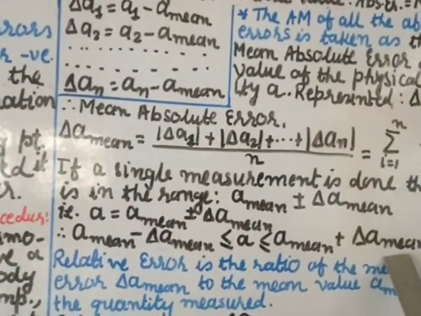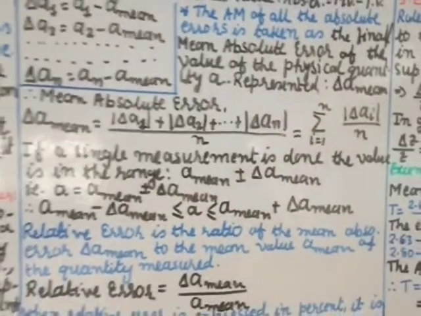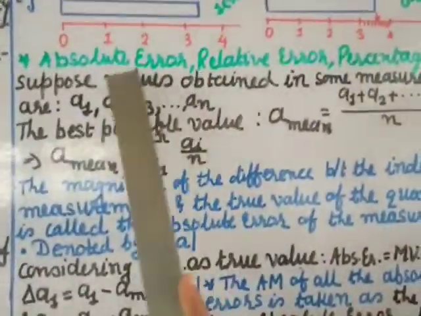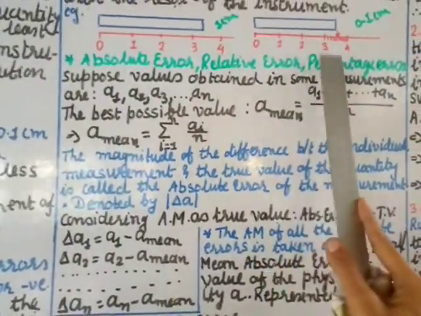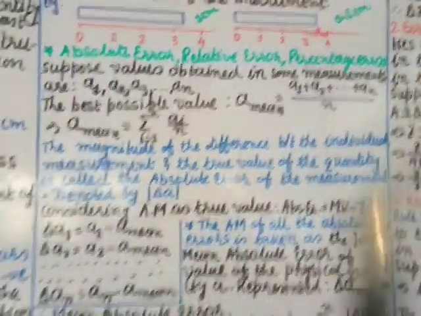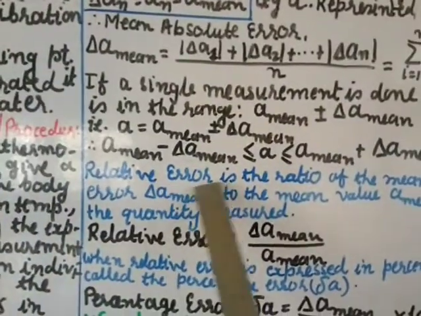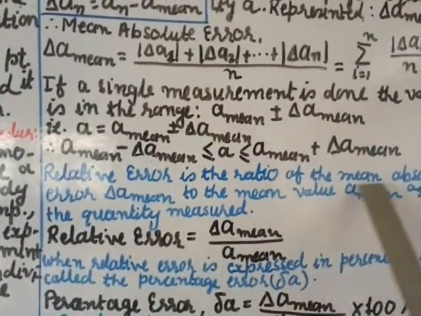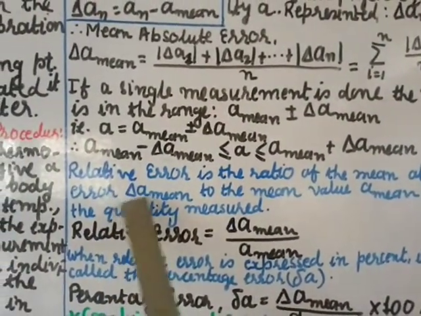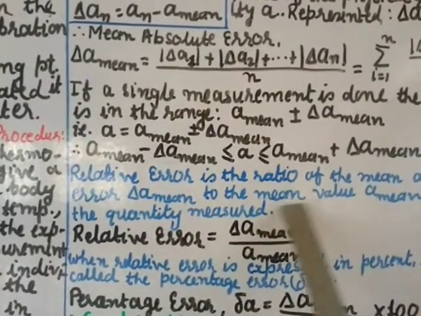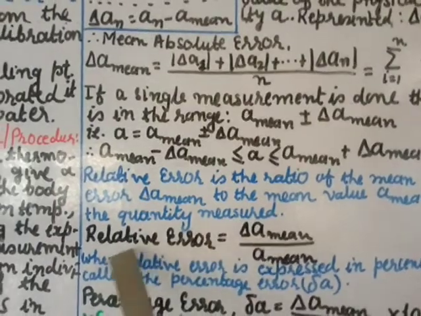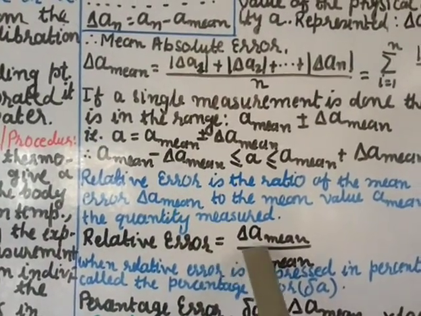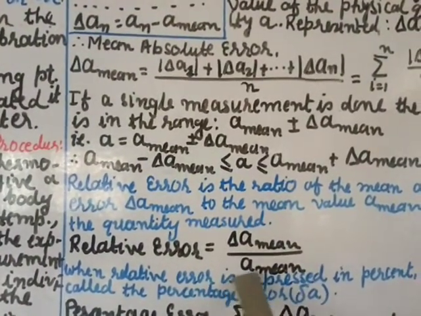Now let us define relative error, and percentage error is taking the percentage of this. Relative error is the ratio of the mean absolute error, delta A mean, to the mean value, A mean, of the quantity measured. So relative error is mathematically delta A mean divided by A mean.